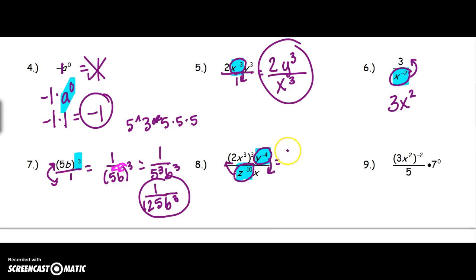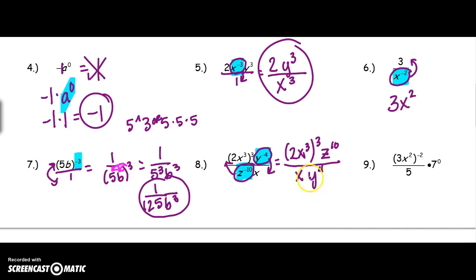So let's rewrite this. You should have 2x to the third power raised to the third power. The y has gone down, so we don't write that, but the z has come up, so z to the 10th power. In your denominator, we still have this x that we have not moved, and then y to the 4th.